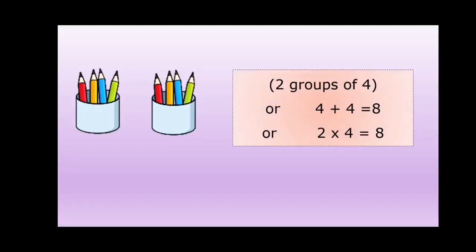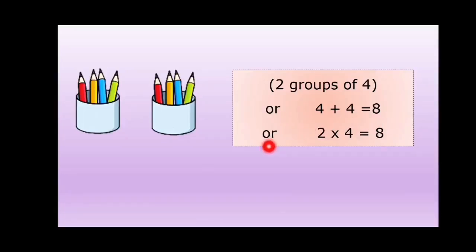Here is a picture that represents 2 groups of 4. As you can see, in each group there are 4 pencils and there are 2 groups shown in the picture. So it represents 2 groups of 4. For addition, we can write it as 4 plus 4, which is equal to 8.